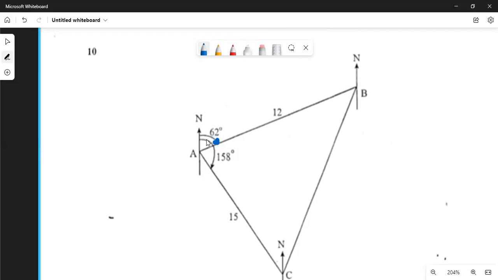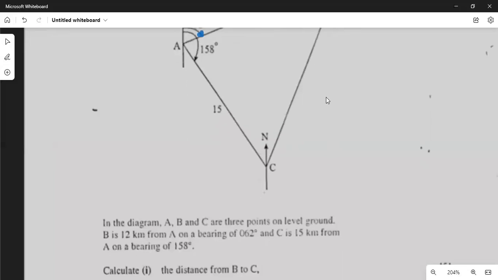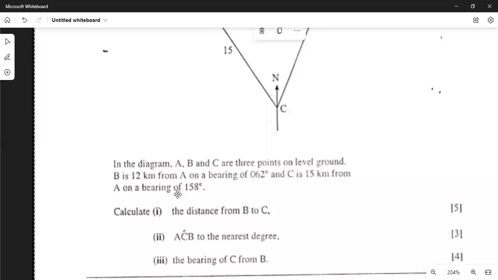Remember that it was 3-figure bearing, you have to write 3 digits, but per diagram, there's no need of that. All right, so that's our angle here, and also the distance, as you can see, it's pretty clear. All right, then also 158 here, A. Okay, then the first question is to calculate item 1, the distance from B to C.